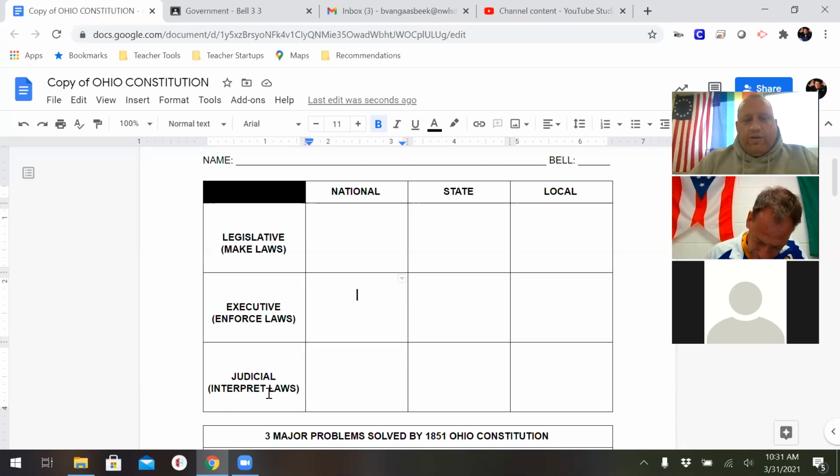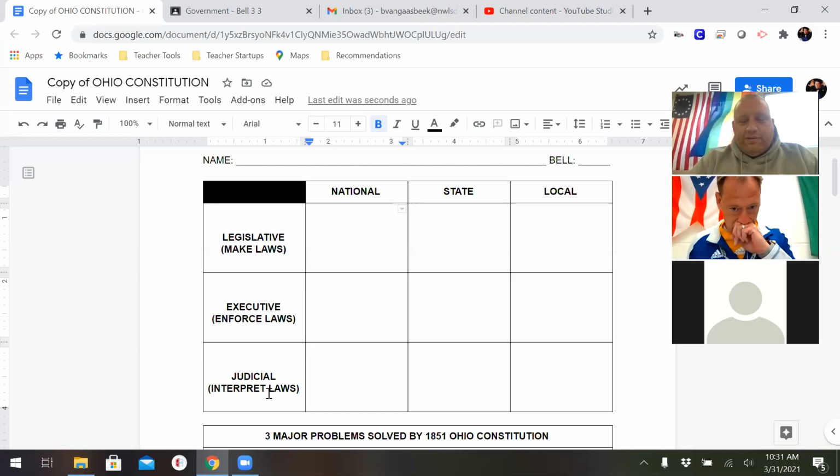Now, these are divided up in national, state, and local levels. So we at least know what the national ones are called. Nationally, what is the legislature called at the national level? Who makes the laws at the national level?